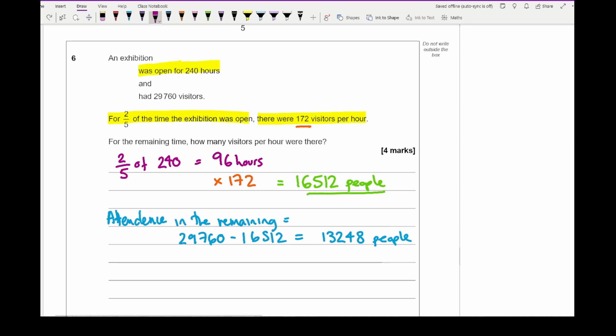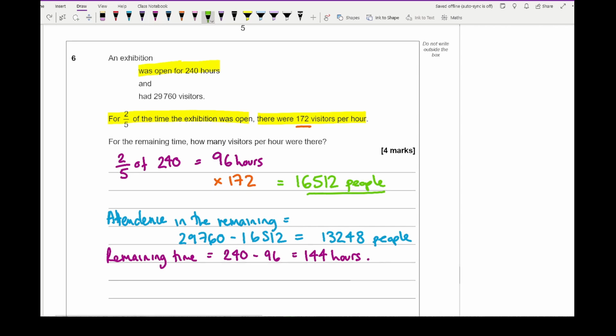Now what we then need to do is work out the remaining time. So if the total time was 240, we know 2/5 of the time was 96. So do 240 minus 96, which gives us an answer of 144 hours. Or alternately, I could have just worked out 3/5 of 240, that would give you the same.